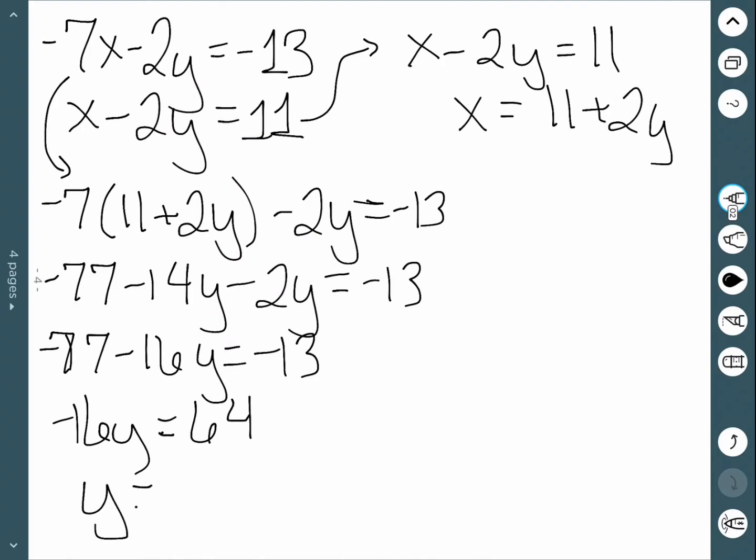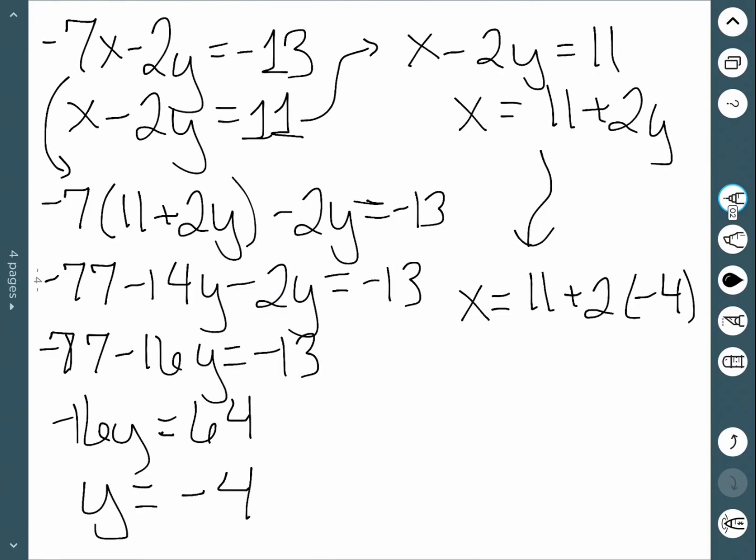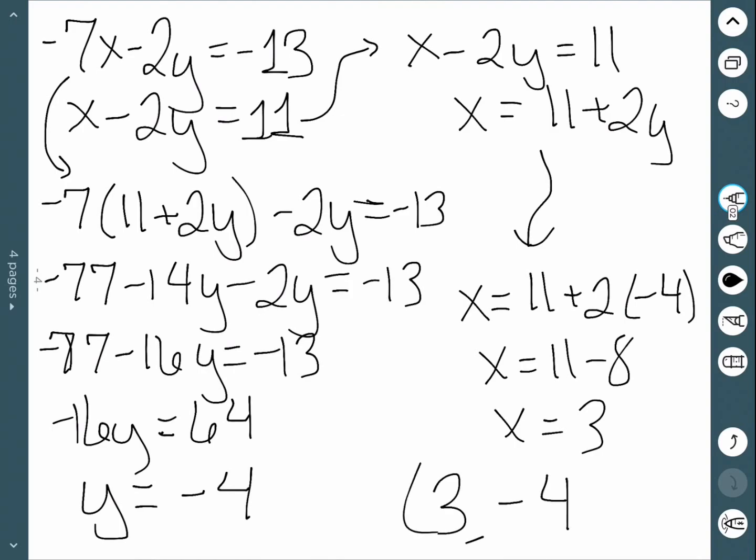Dividing by negative 16 then gives us the answer of negative 4. So that's now y. I can then go back to my other equation that says x is equal to 11 plus 2 times y, which we just said was negative 4. So x is 11 minus 8, or x equal to 3. So my answer is (3, negative 4).